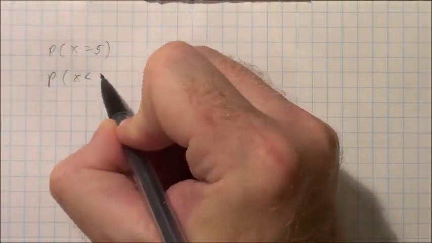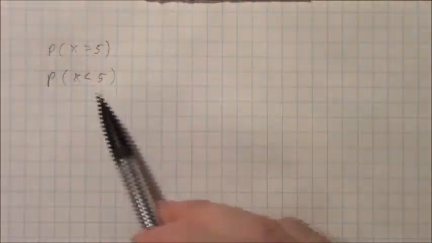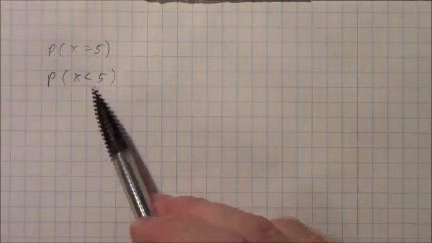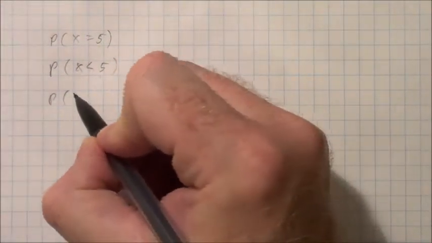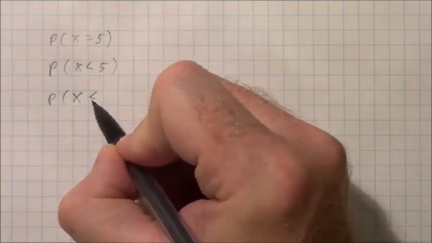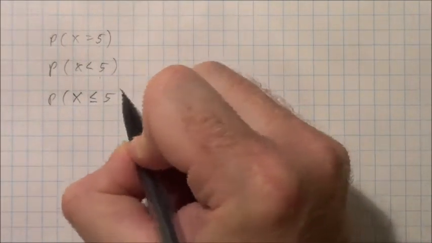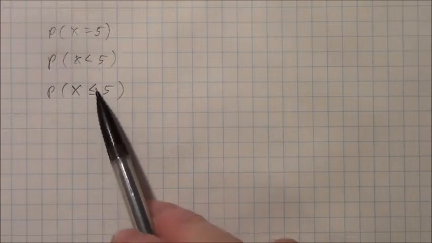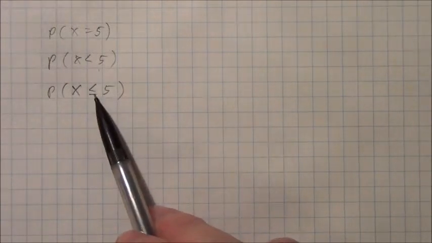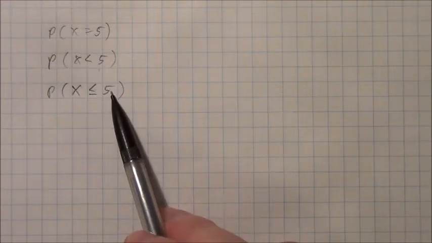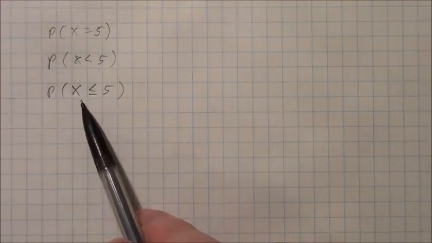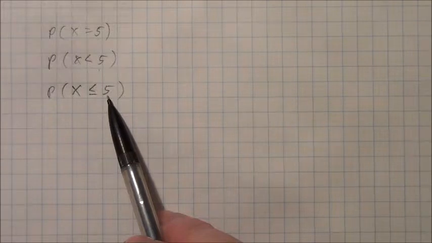This means the probability that x is less than 5. Then this is where it starts to get a little tricky: when we do less than or equal to 5, it means that x cannot be greater than 5. So this is where we would say the probability that x is at most 5.